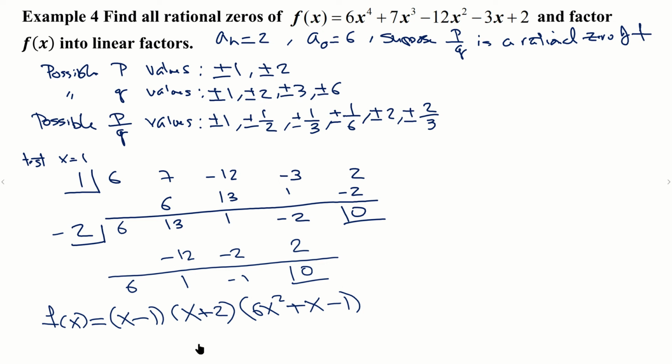Now, once the only non-factored factor in the factorization, that's a lot of factors there, right, is a quadratic one, you don't really need to use the remainder theorem and all that anymore, because it's a quadratic. You know how to factor it one way or another, right?